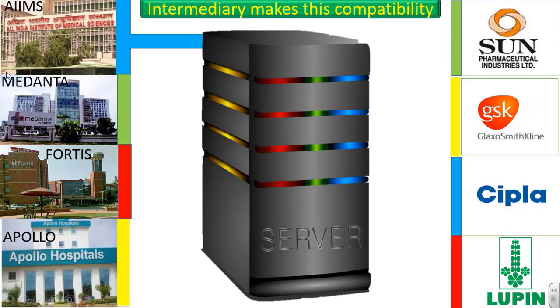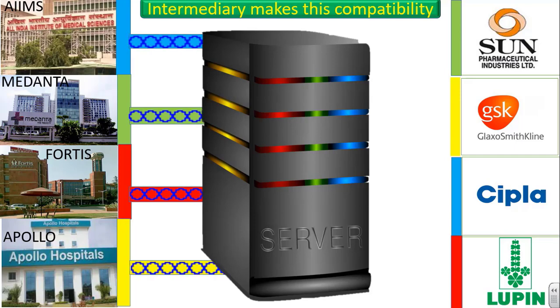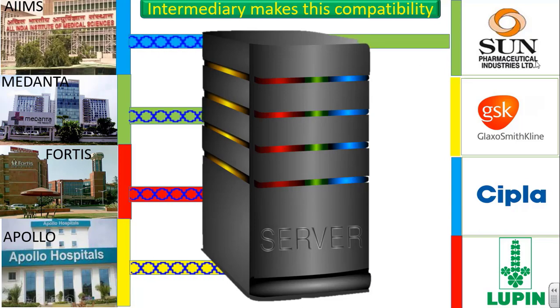See that the information from AIIMS goes to the intermediary's server, and they started communicating with the intermediary. Similarly, Medanta started communicating with the intermediary. Fortis, Apollo, they started communicating with the intermediary organization. This intermediary organization shall format or reformat the data to be compatible to Sun.